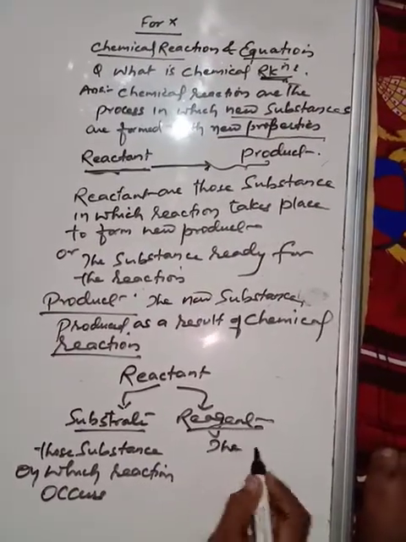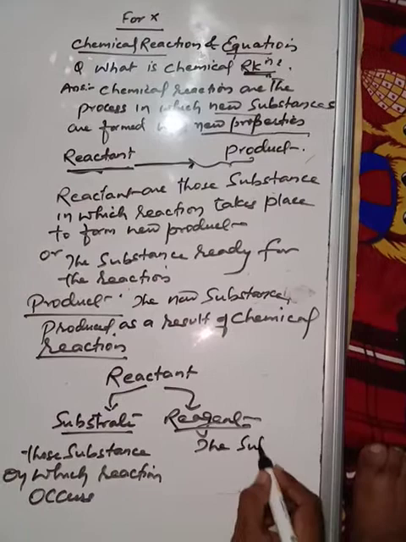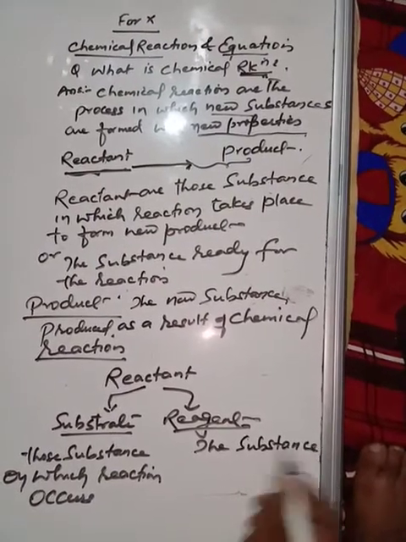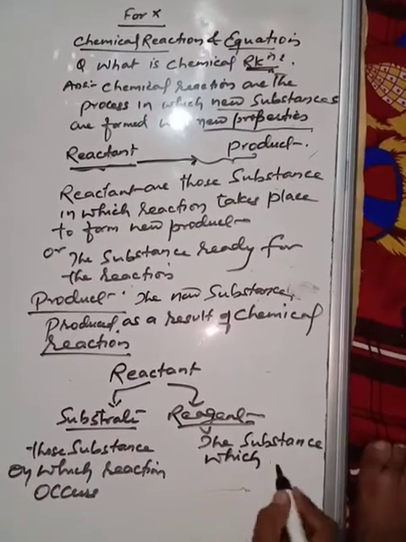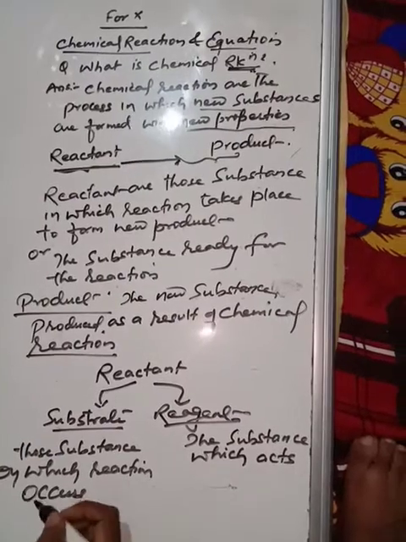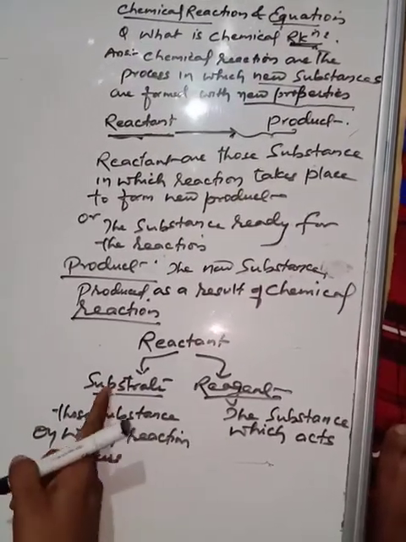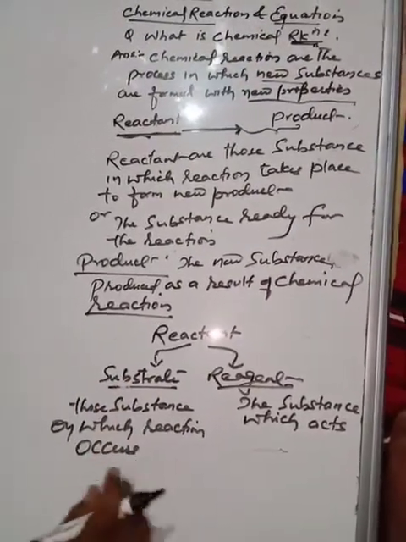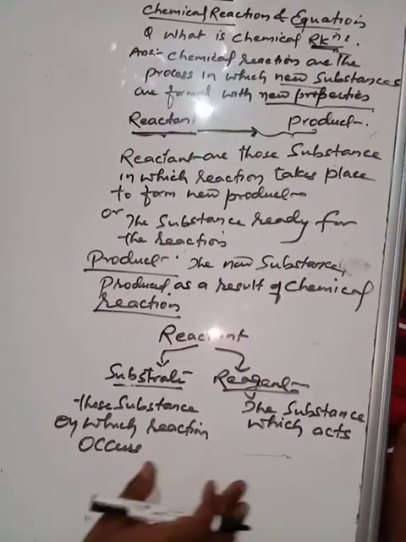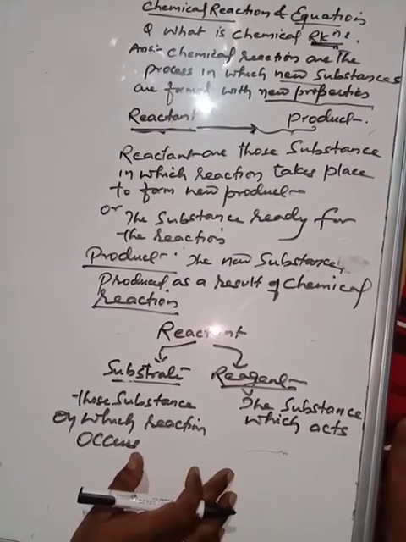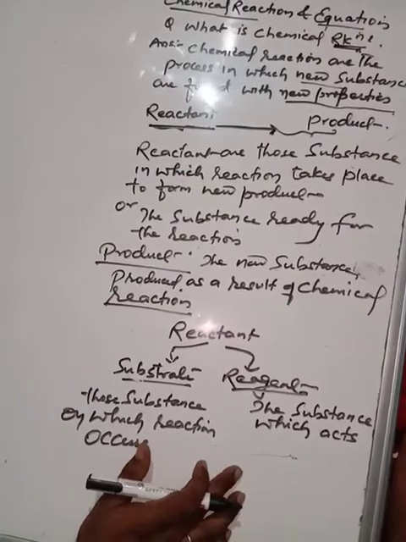Reagent is the substance which acts, and this reagent falls on the substrate and the reaction takes place, in which the new substances are formed due to the recombination of the atoms.